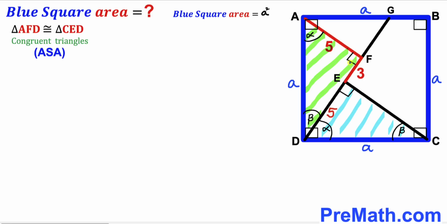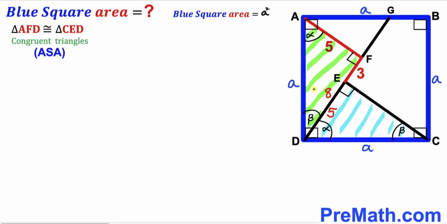This whole segment DF is equal to the sum of these two individual segments, 5 and 3, so this DF segment length has got to be 8 units.